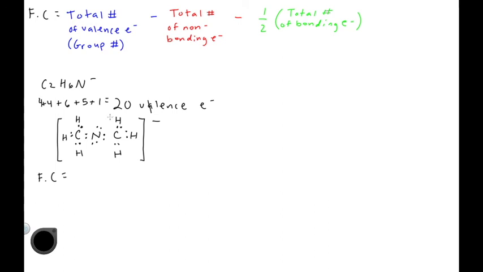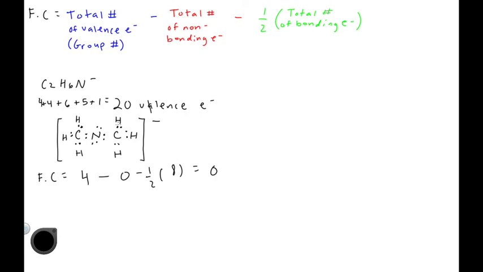So since there are 0 non-bonding electrons and 8 bonding electrons, and since the group number is 4, we will have 4 minus 0 minus 1/2 times 8, which is equal to 4 minus 0 minus 4, which is equal to 0. So the formal charge on each carbon atom is going to be 0.